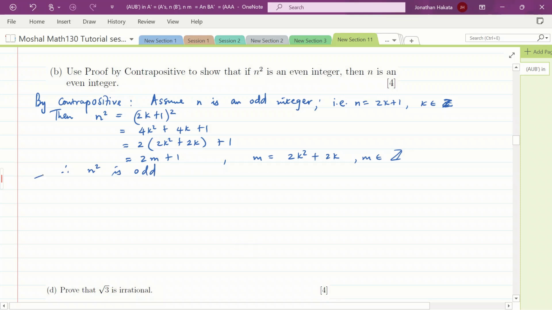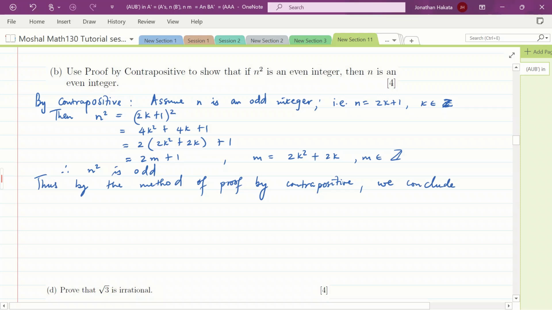Thus, by the method, you have to conclude. If you don't conclude, you lose marks. By the method of proof by contrapositive, we conclude. In the conclusion, you write the statement as it is given.